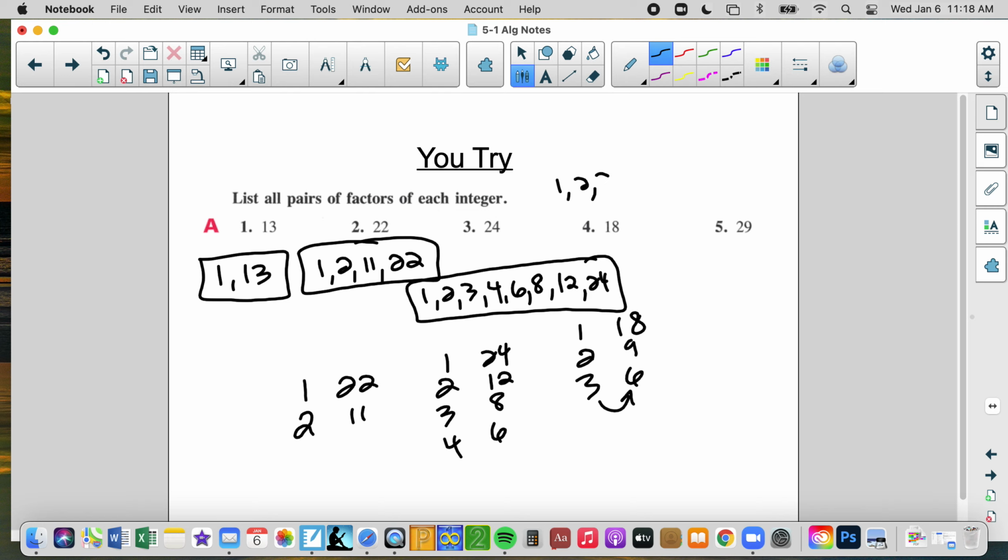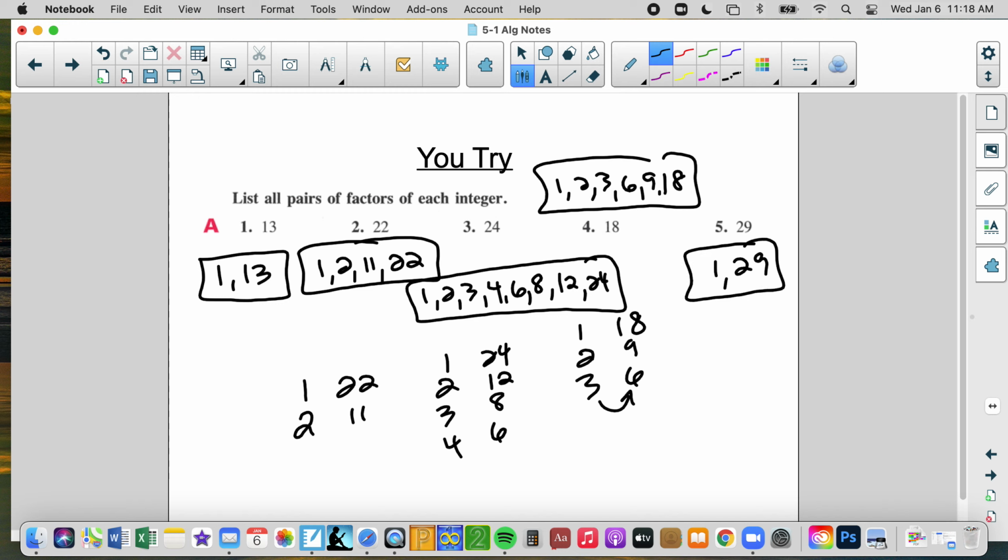So 1, 2, 3, 6, 9, 18 are my factors. 29 is prime, so I know that the factors are going to be 1 and 29.